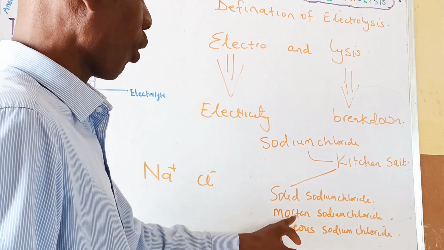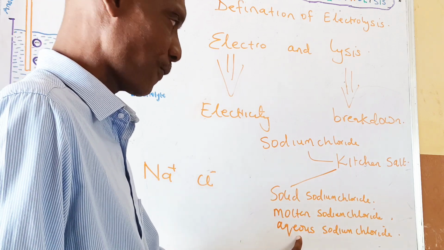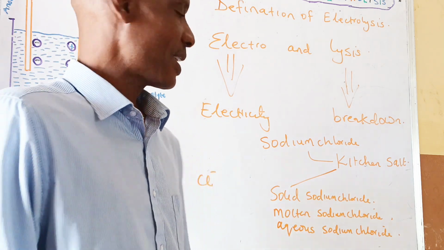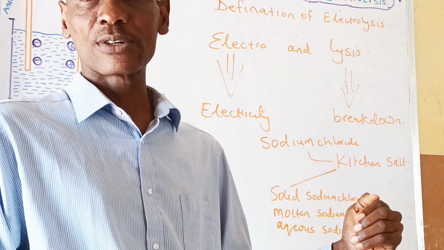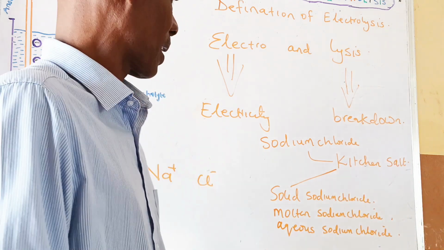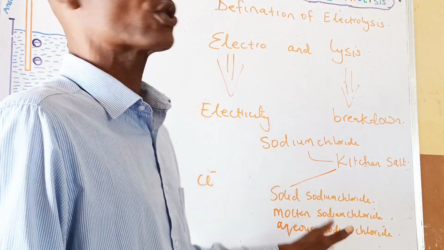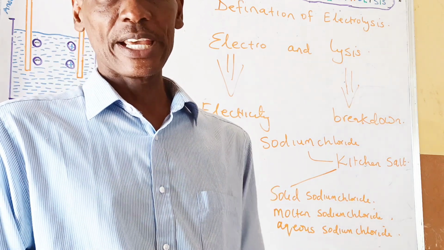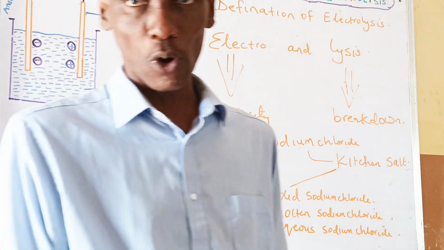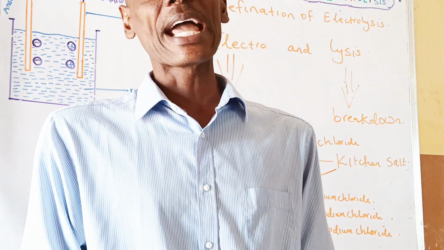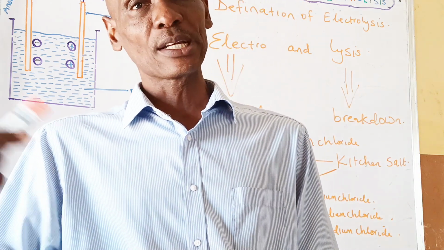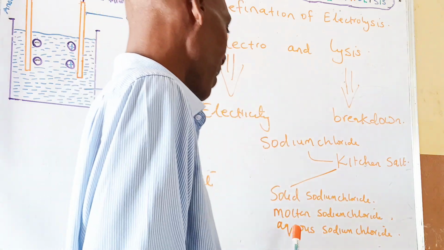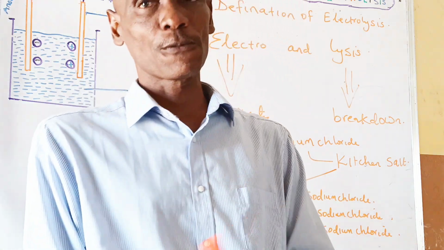However, in the molten or the aqueous form of the sodium chloride, the heat and the water we have used respectively have dissociated the ions. In other words, in the molten form of the sodium chloride, I have mobile sodium ions and mobile chloride ions. The same thing with the aqueous form.